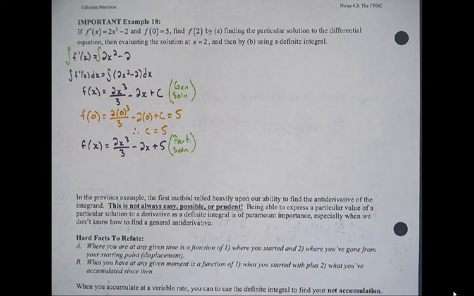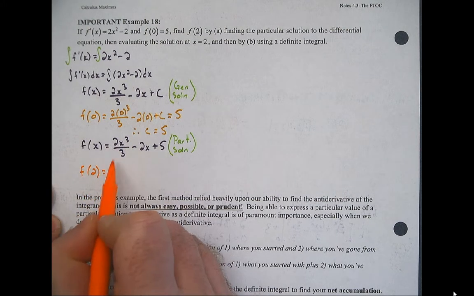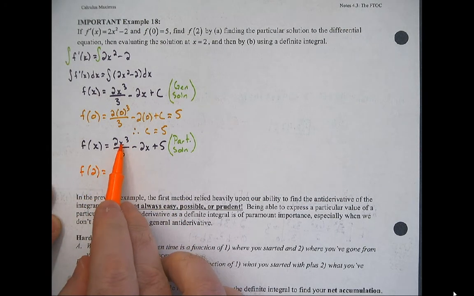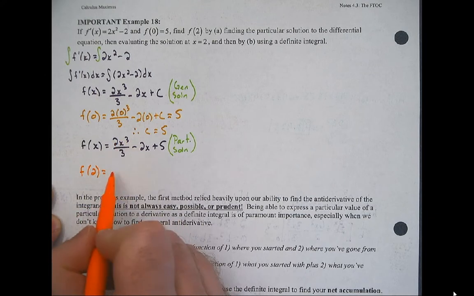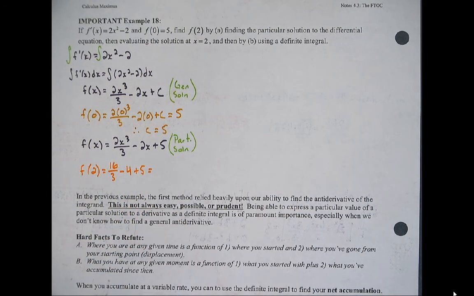That's not the end of the story, though. They wanted us to evaluate what f of 2 is. So all that work was just to get us to a spot where we can now figure out that f of 2 is equal to, I'm just going to go ahead and do some of this in my head. So that's 2 cubed is 8 times 2 is 16 over 3. 2 times 2 is 4 plus 5. We got to go with some common denominators here.